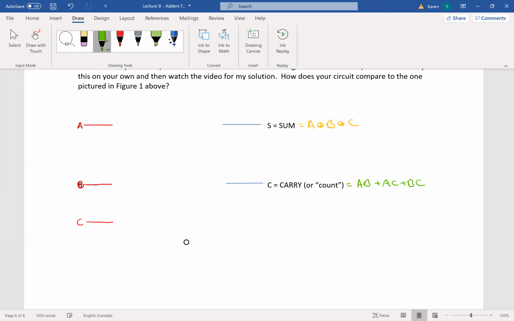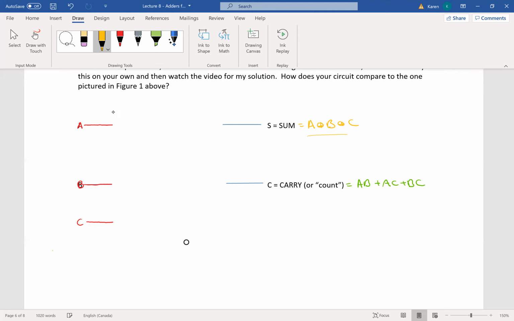So this first one, what does that circuit look like then? A exclusive OR B exclusive OR C. It looks like this. So A exclusive OR B. I'm going to draw that over further.